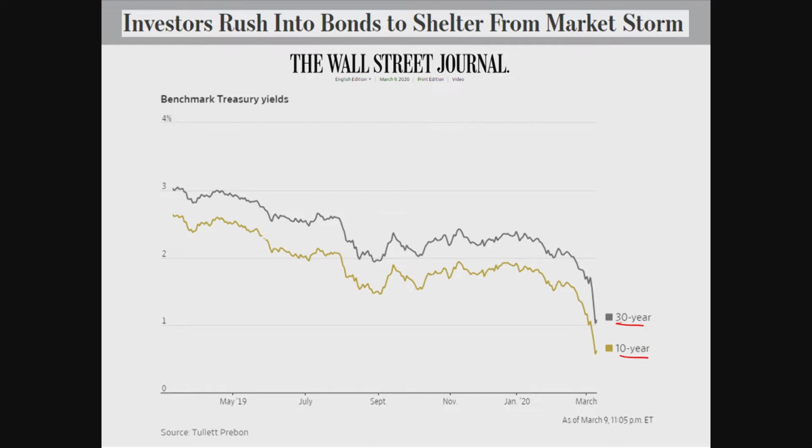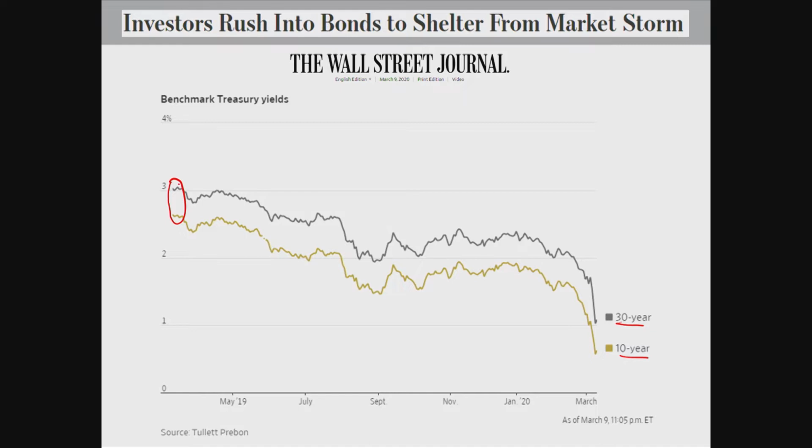Partly for that reason that I mentioned about the compensation for the greater risk associated with what will happen to inflation over a 30-year period versus just a 10-year period. But as you can see, back about a year ago, the interest rate for the 30-year Treasury security was about 3%, and for the 10-year Treasury security was about 2.5%, so a wedge of about a half percentage point.